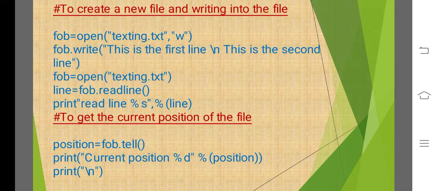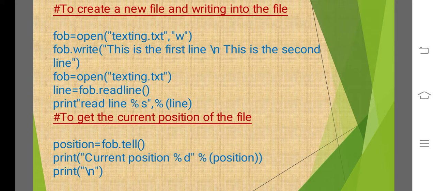We already learned in the last lecture what is mode, the file opening function and the close function. Fob is a variable where the opened text file is stored. It is in writing mode. Writing mode means if the file is not created, at that time it creates the file.